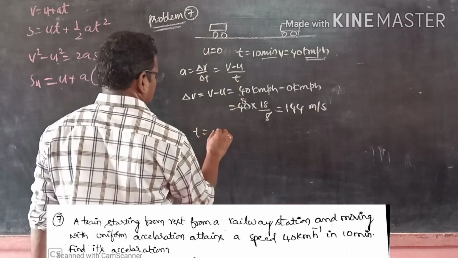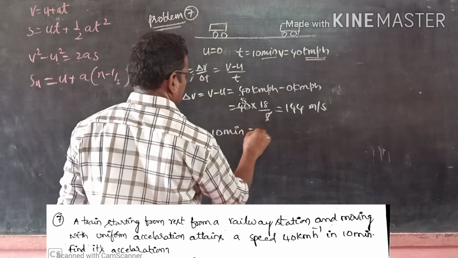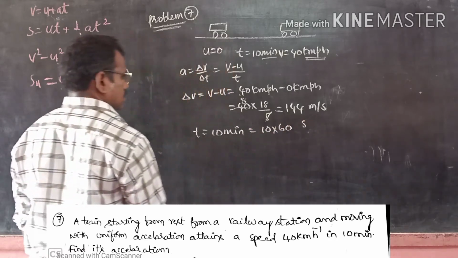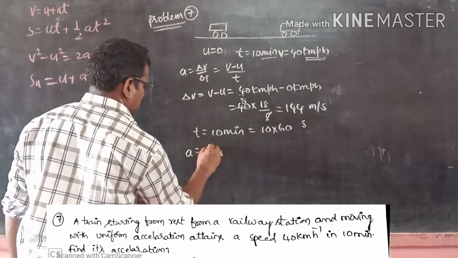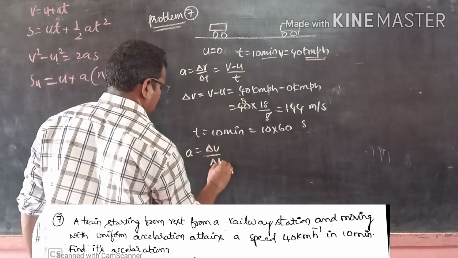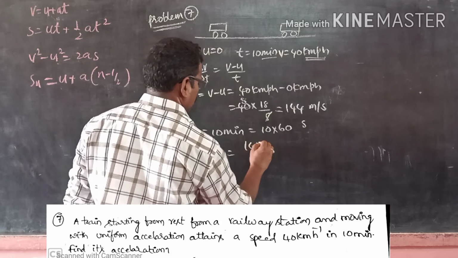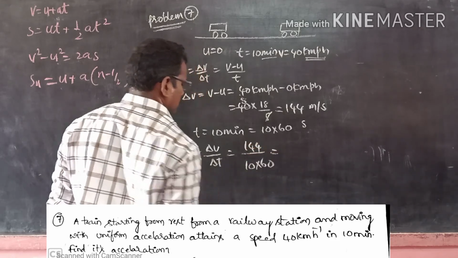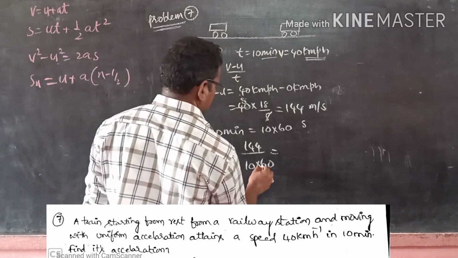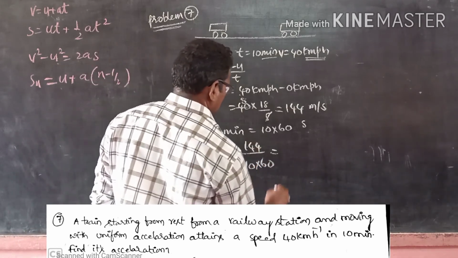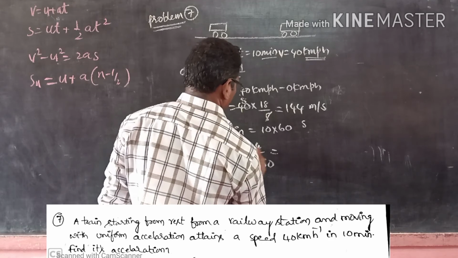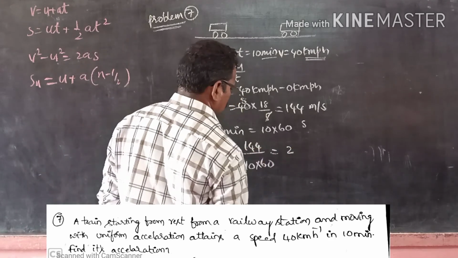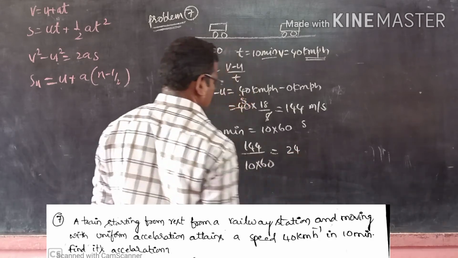Now time t is equal to 10 minutes, that is equal to 10 into 60 seconds. Now A is equal to delta V by delta T, that is 144 by 10 into 60. Now we can cancel like this. 6 2s 12, remaining 2, 24, 6 4s are 24.